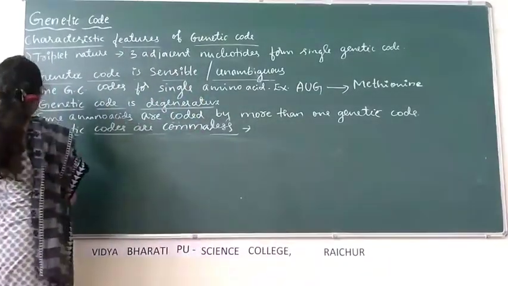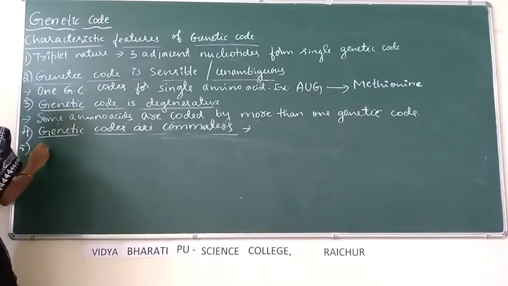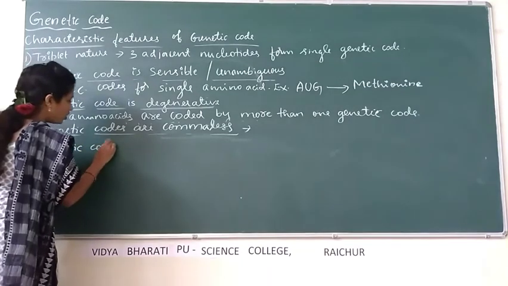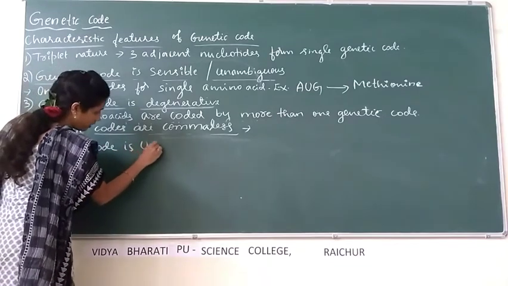Genetic code is universal. Next characteristic feature is that genetic code is universal.